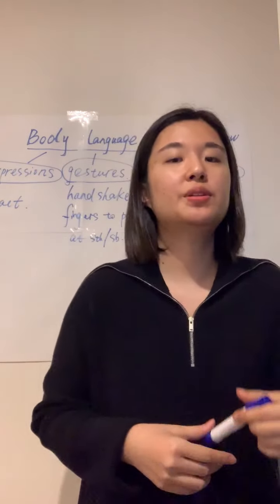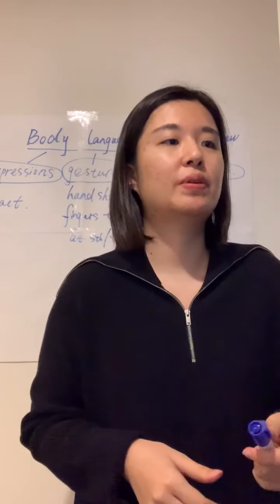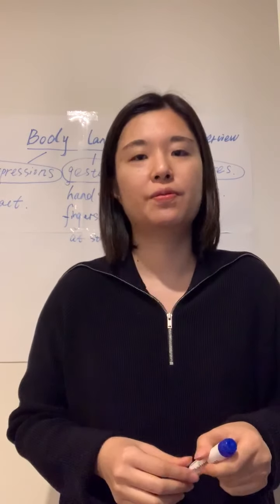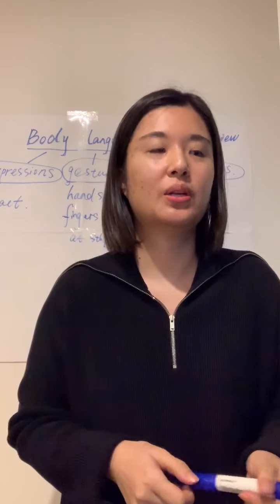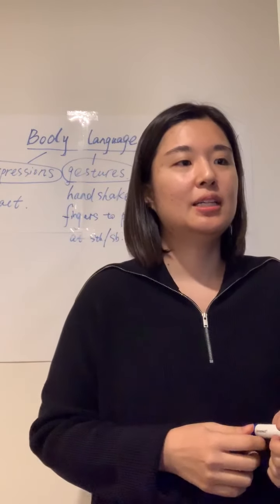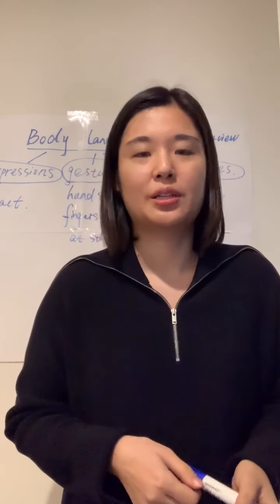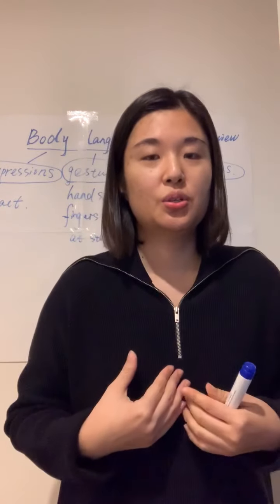And then, after watching the video, I will provide some tips for the effective use of body language in a job interview. Let's look at the first one. Adopt a relaxed and upright posture. Relaxed means to not be very nervous, right? But relaxed doesn't mean to be lazy.